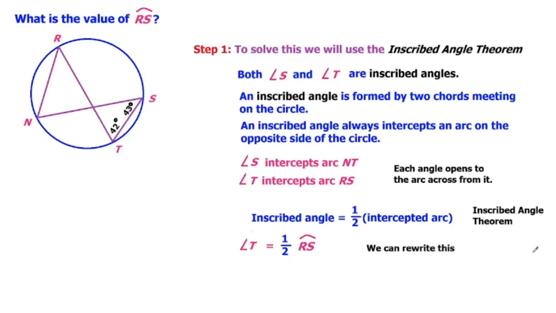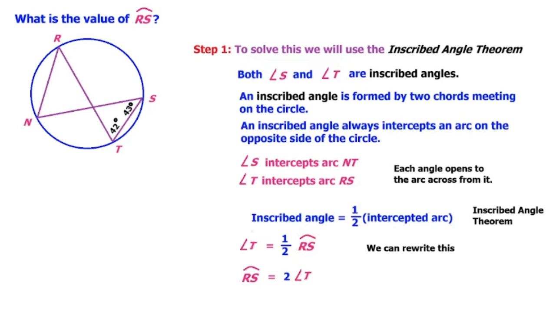We can rewrite this so that we can get rid of the half here, multiply both sides by 2, and then we're left with arc RS equals 2 times angle T.